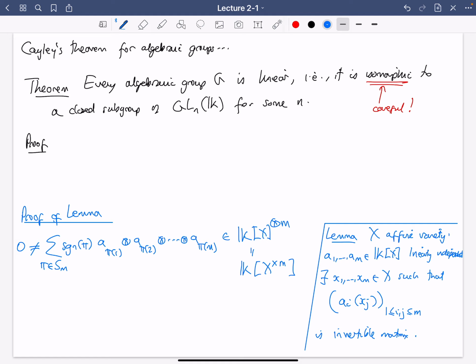So it's completely immediate that this linear combination of tensors is not the zero element in this tensor product. And so since it's non-zero, there exists a point x1 up to xm in X^m where this function is not zero.